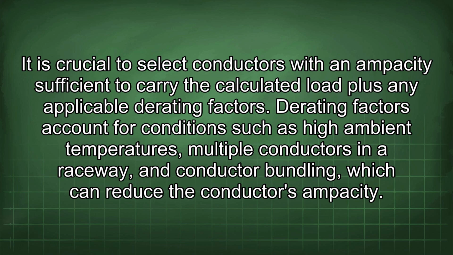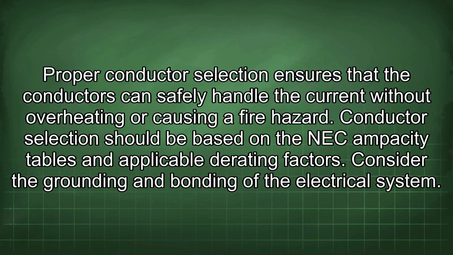Derating factors account for conditions such as high ambient temperatures, multiple conductors in a raceway, and conductor bundling, which can reduce the conductor's ampacity. Proper conductor selection ensures that the conductors can safely handle the current without overheating or causing a fire hazard. Conductor selection should be based on the NEC ampacity tables and applicable derating factors.